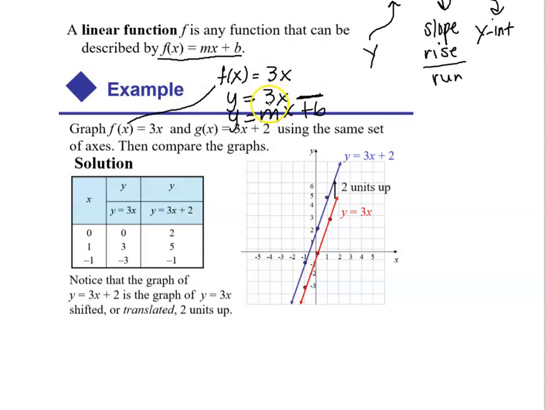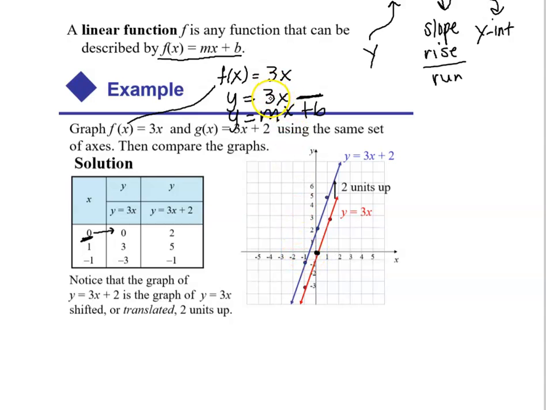It's not 3x plus anything. So on this line, the y-intercept, where x is equal to 0, is 0. So this one should cross at 0, 0, which is why this point is right here.